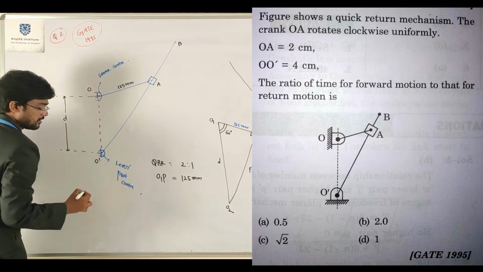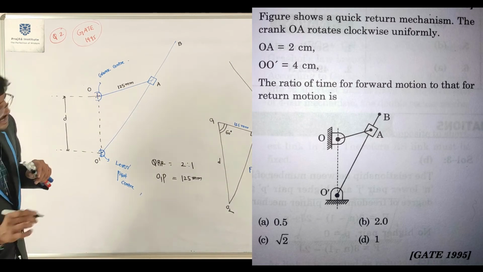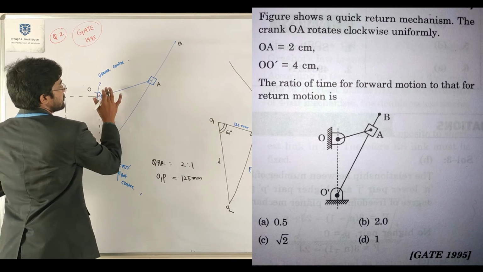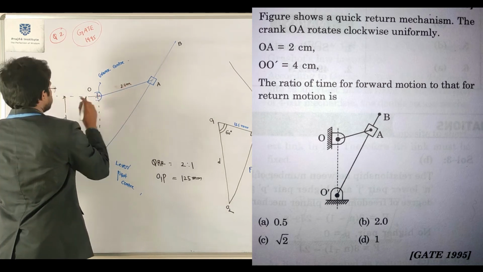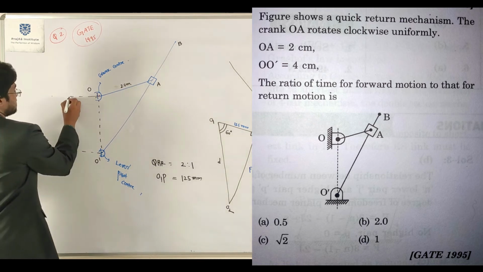Next, OA is 2 centimeter, and from here to here is 4 centimeter.